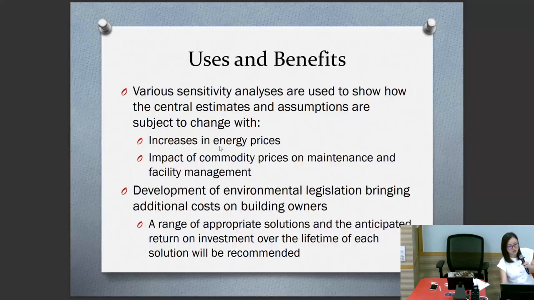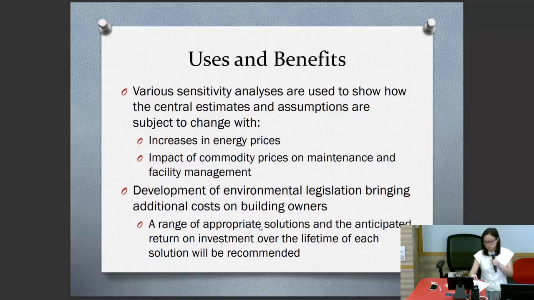Like the increase in energy price, the impact of the commodity price on maintenance and facility management, and development of environmental legislation bringing additional costs on building owners. So maybe the carbon tax, the impact of carbon tax on whether you want to implement the projects. A range of appropriate solutions, and the anticipated return on investment over the lifetime of each solution will be recommended.